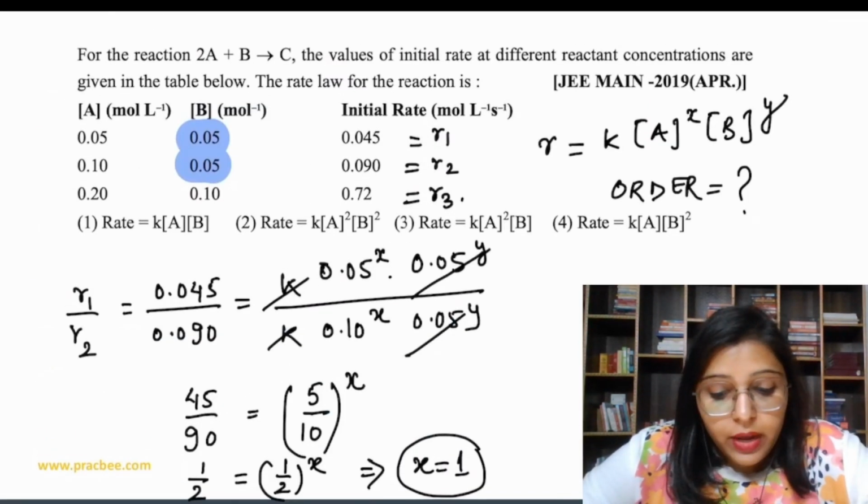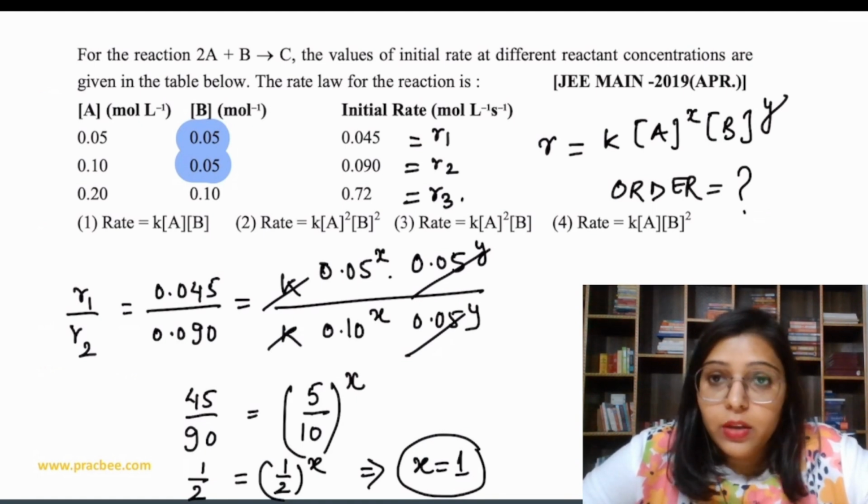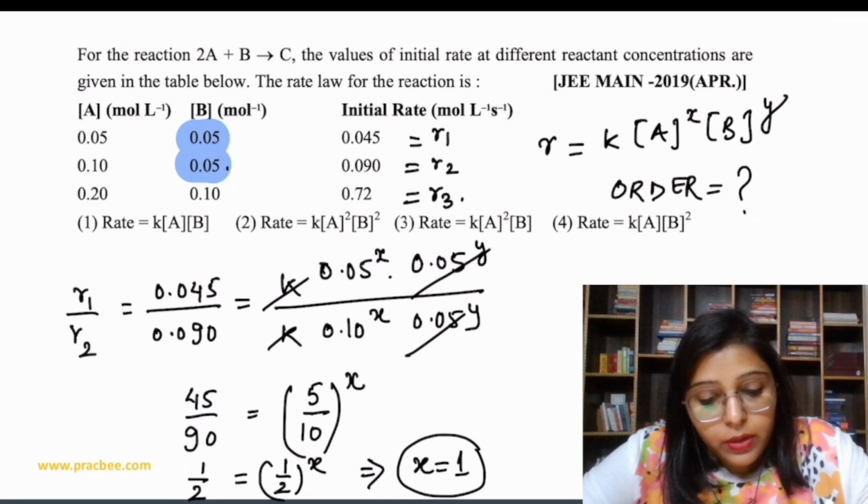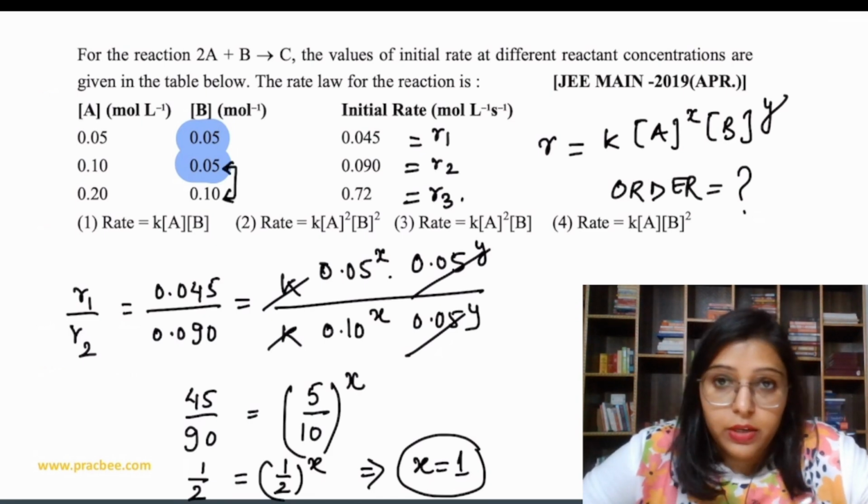So for the value of y, I would take the pair in which the concentration of A is constant, but here we do not have any such pair. So I can take R2 and R3, because in R2 and R3 the concentration of B is different. Okay?